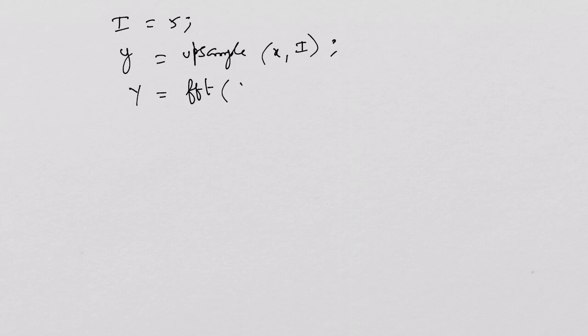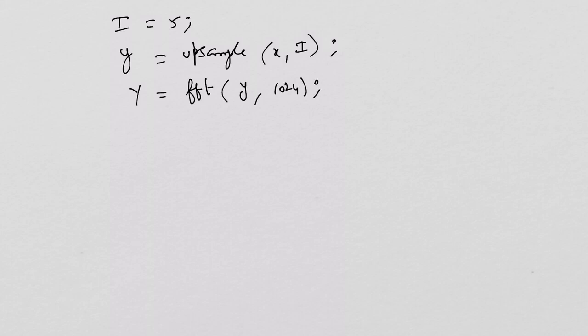Let me have simple upsampling using the function upsample. X is the input, and I is the upsampling factor. Capital Y is equal to the spectrum applied on the output signal, Y comma 1024.